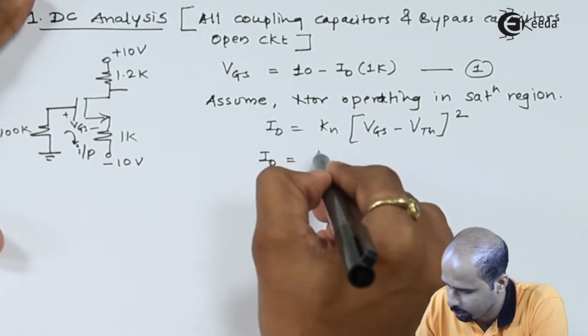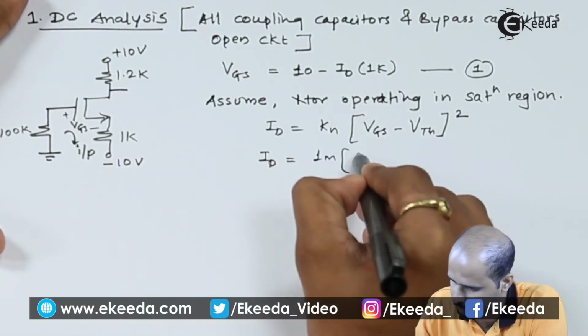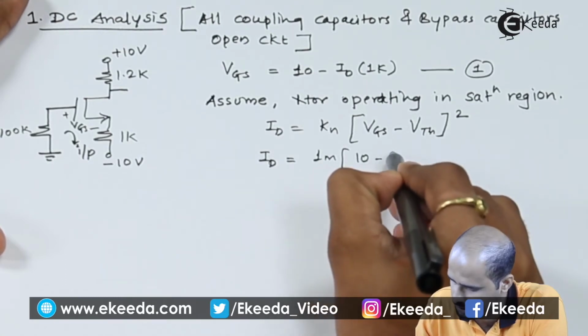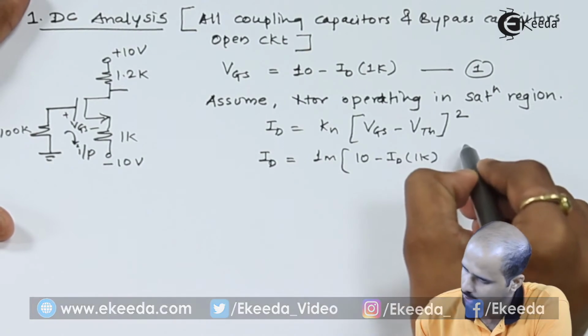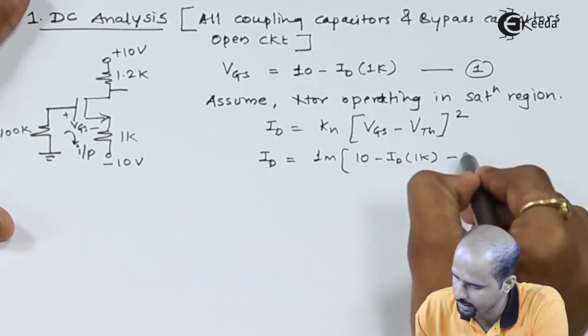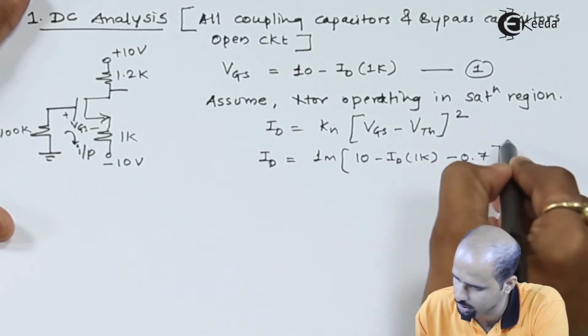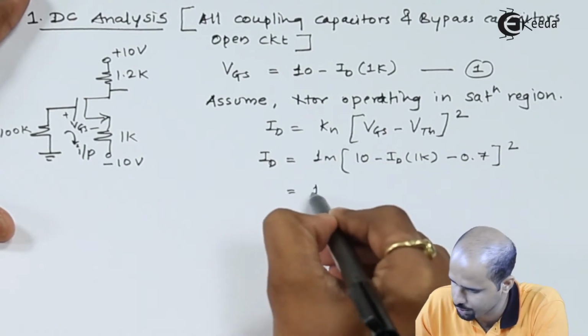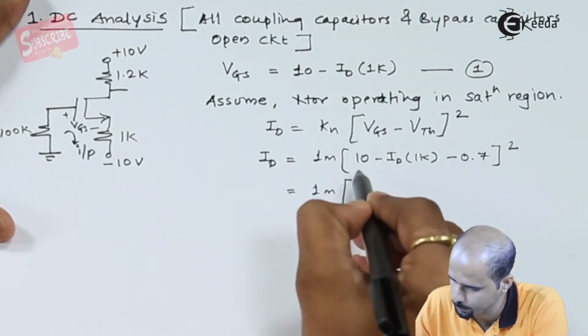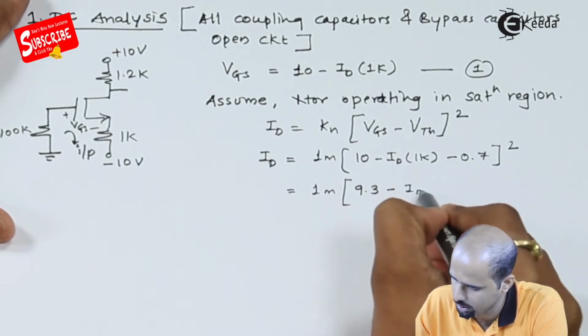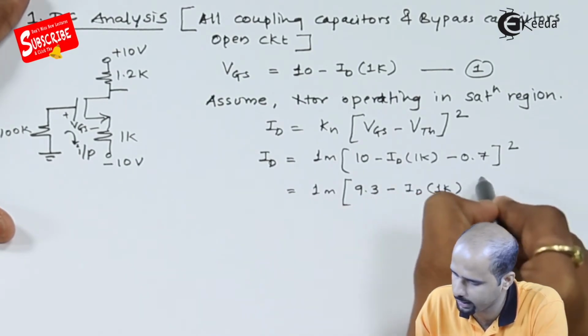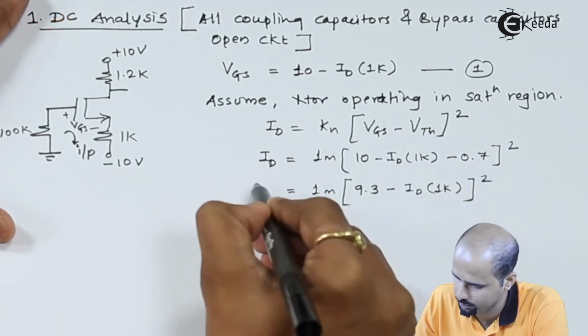1 milli. VGS is equal to 1 minus ID into 1K, so VGS is ID into 1K minus 0.7, the whole square. So it forms 1 milli into 9.3 minus ID into 1K, the whole square.